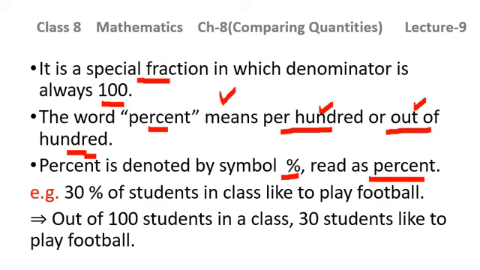This is the symbol for percentage, and it is read as percent. If a statement is given to you in terms of percentage, how will you interpret it? For example, 30% of the students in a class like to play football, so out of 100 students in a class, 30 students like to play football.